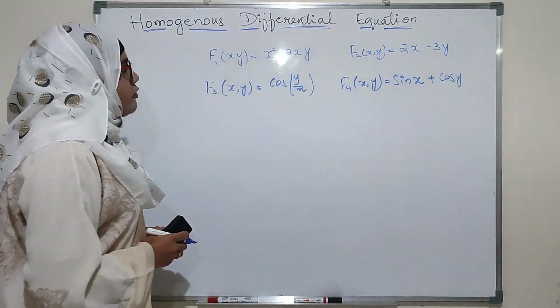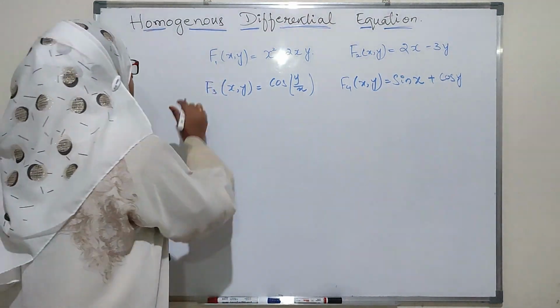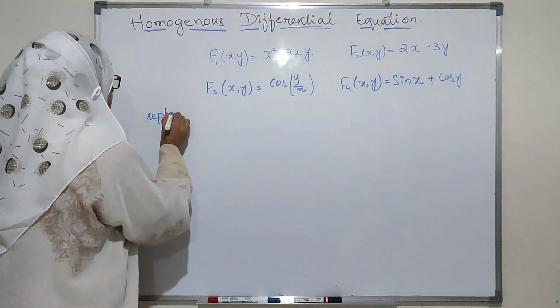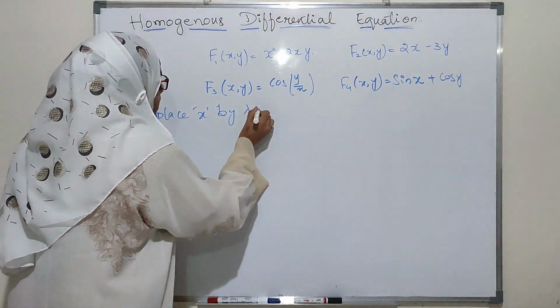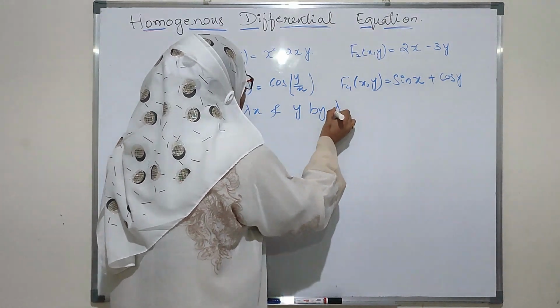We have another way to check whether a function is homogeneous or not. Consider f1 and replace x by lambda x and y by lambda y.